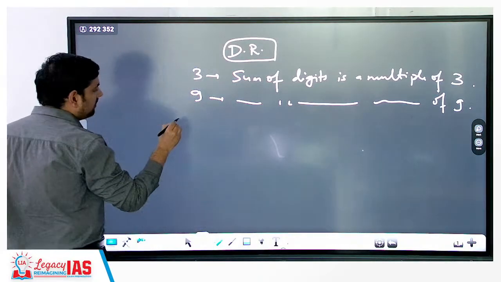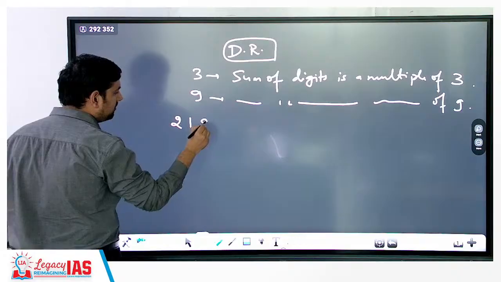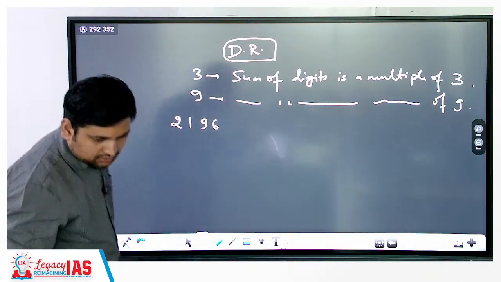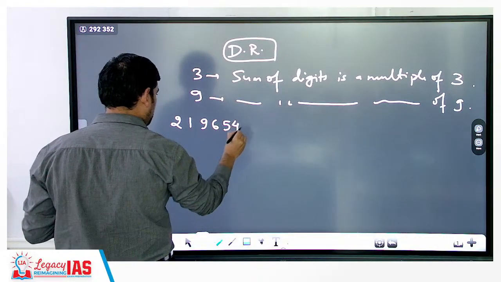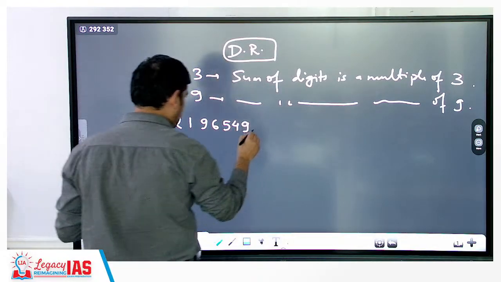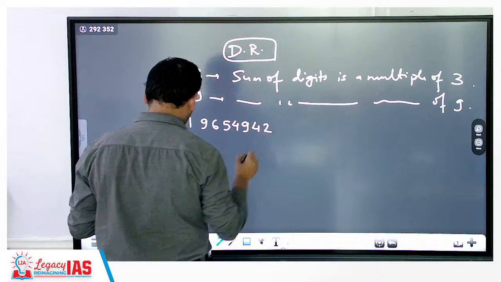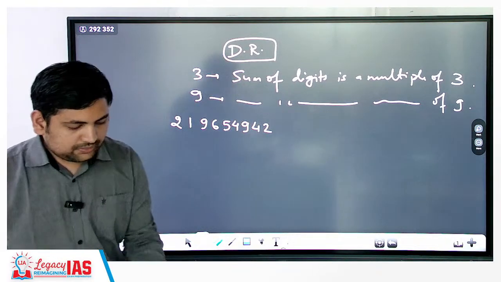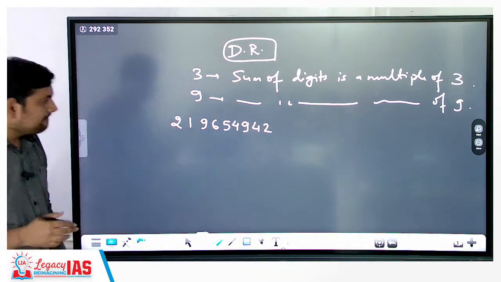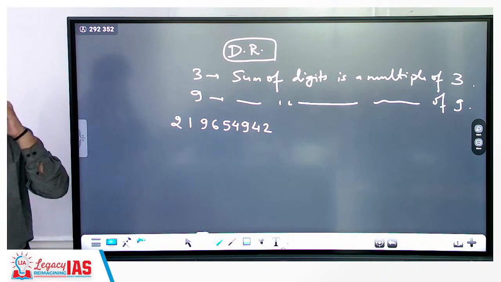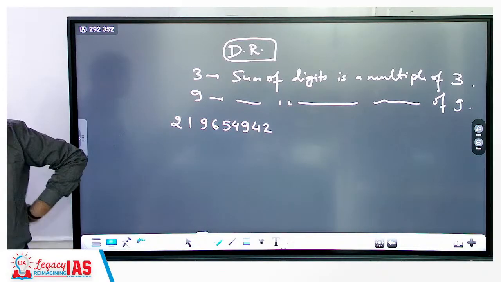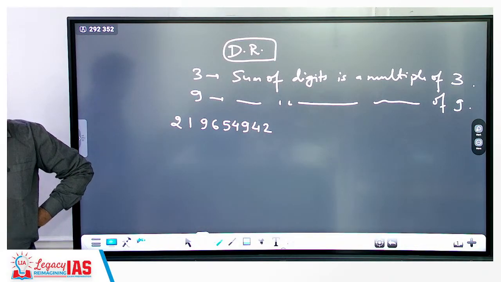So let's say you have a number like this. You have to check the divisibility for 3.